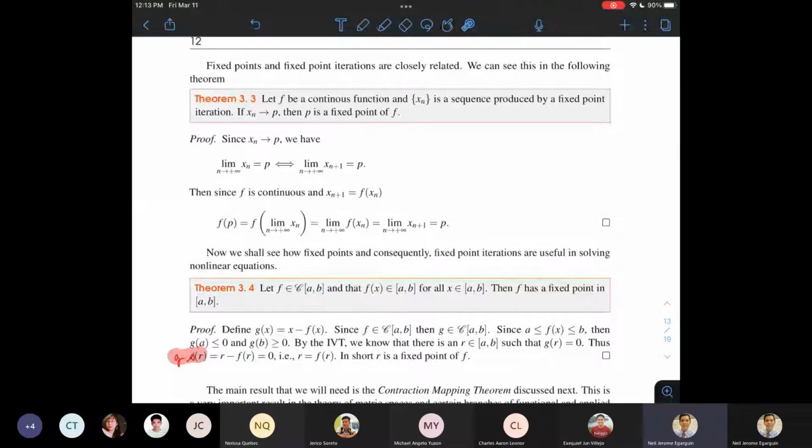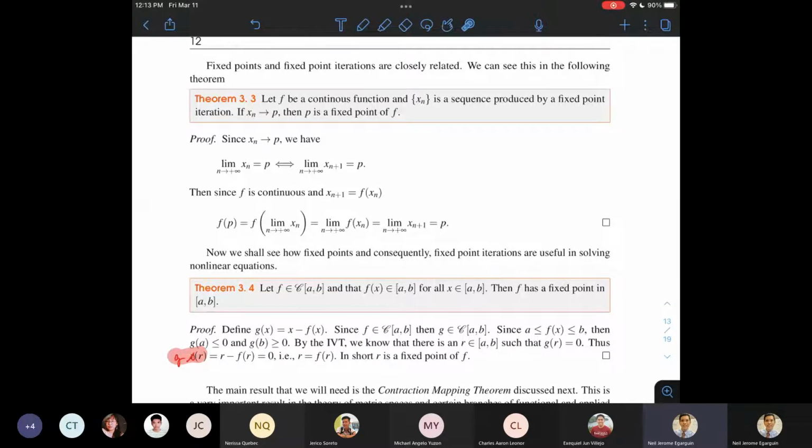As long as your function is continuous, and if the sequence produced by a fixed point iteration converges, then sure tayo kung saan siya nag-converge, yun ay isang fixed point. All right? Now, just a little bit of technicality here. A fixed point iteration is not guaranteed to converge.